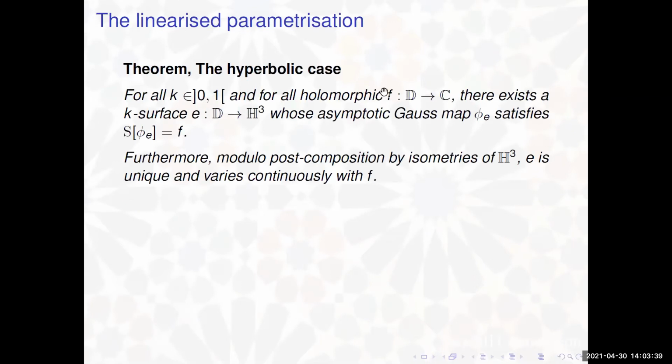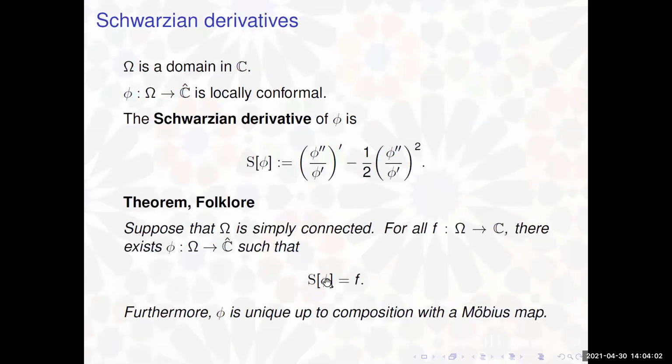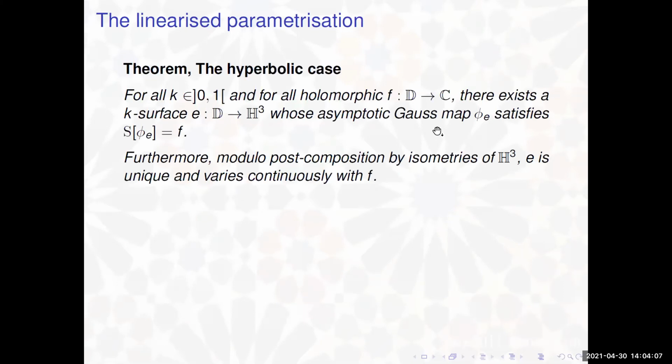For all k in (0,1), and for all holomorphic functions F sending the disk into C, there exists a K surface E, sending the disk into H3, whose asymptotic Gauss map phi_E has Schwarzian derivative equal to F. Furthermore, modulo post-composition by isometries of H3, which comes from the recovery of phi from F in this theorem, E is unique and varies continuously with F.